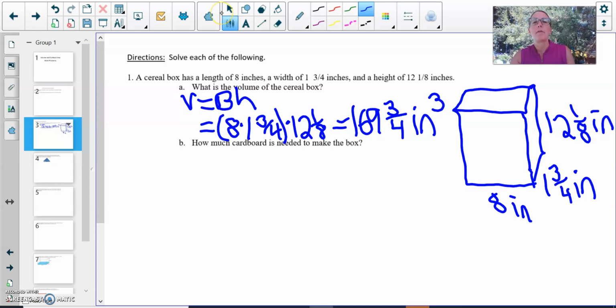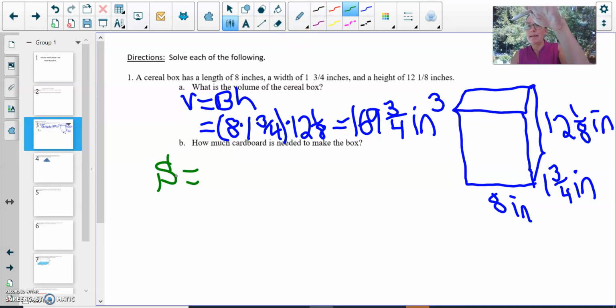Part B, how much cardboard is needed to make the box? That's talking about surface area. Okay, so surface area. Think of the pairs of faces.